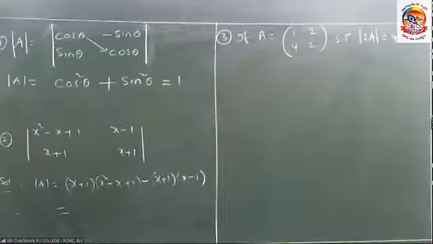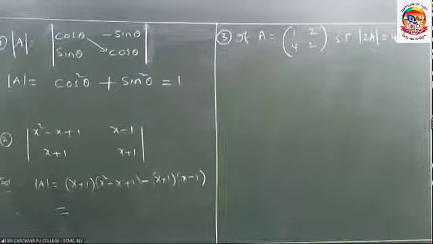And I am observing the chat box, one question arises: how to find the determinant of 2 cross 3? That is not 2 cross 3, that is 2 by 3 matrix. For a 2 by 3 matrix, you can't find the determinant.